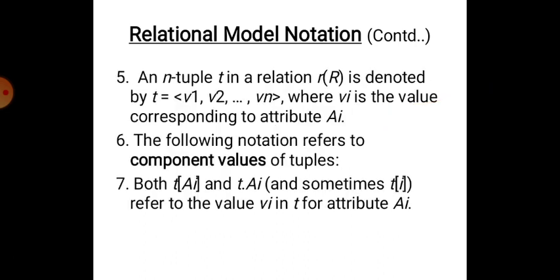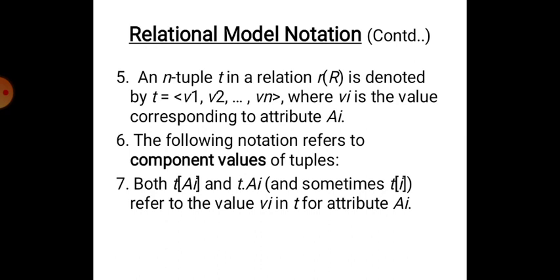Point number 5. An n-tuple t in a relation r(R) is denoted by t = <v1, v2, up to vn>. So all the values set constitute a tuple, where vi is the value corresponding to attribute Ai. Point number 6.